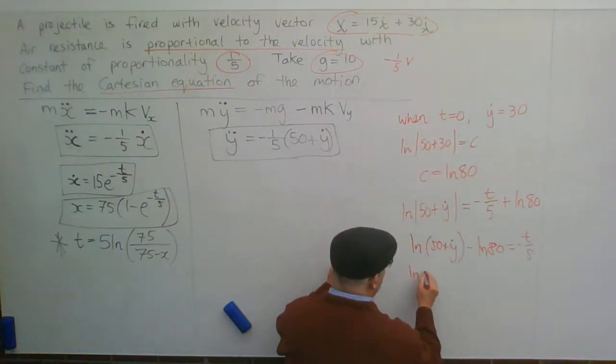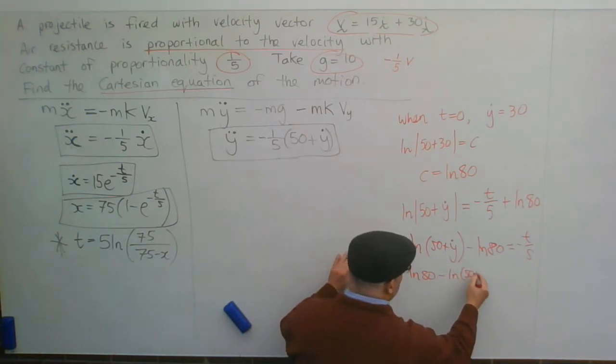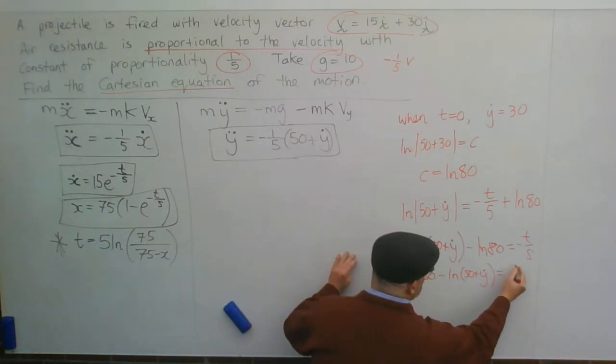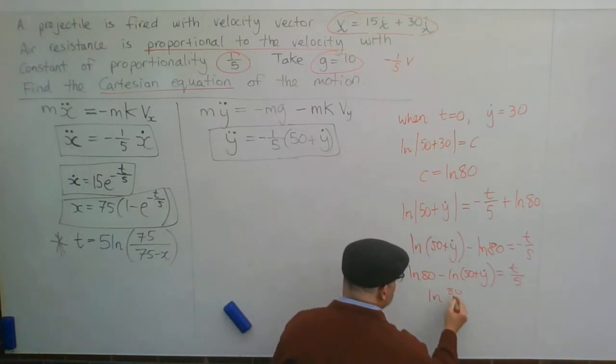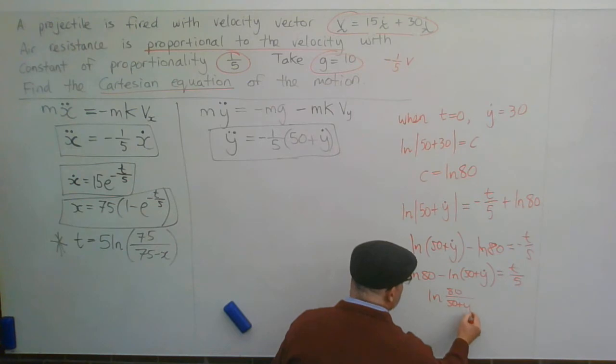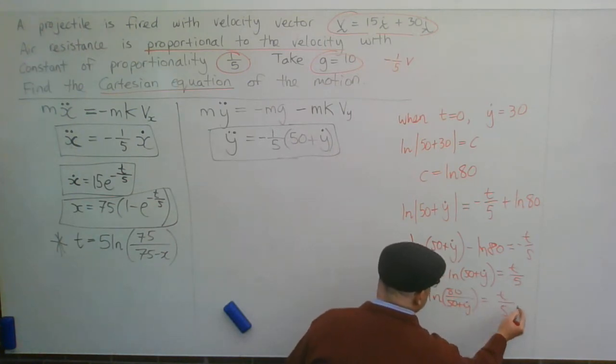So it would be natural log of 80 minus natural log of 50 plus y dot equals t on 5. So it's natural log of 80 on 50 plus y dot equals t on 5.